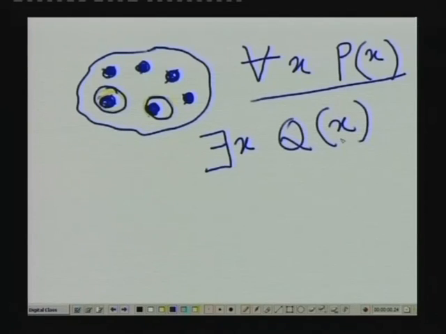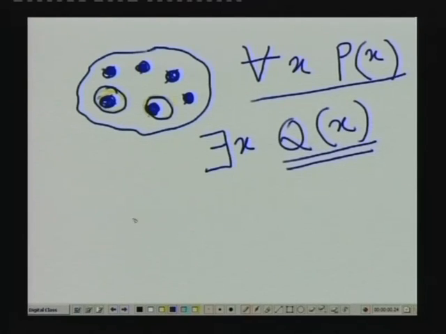That means this q x should be true for at least one element in this set. Here I have shown that for these two elements q x is true.